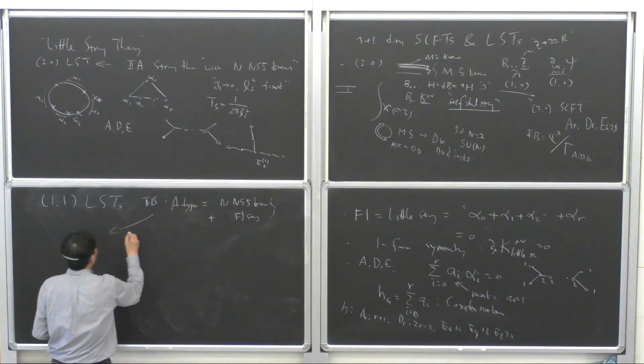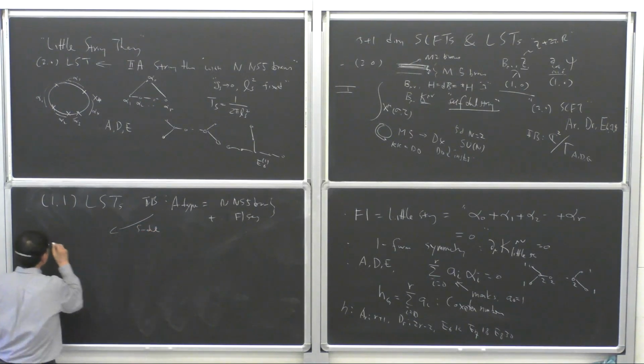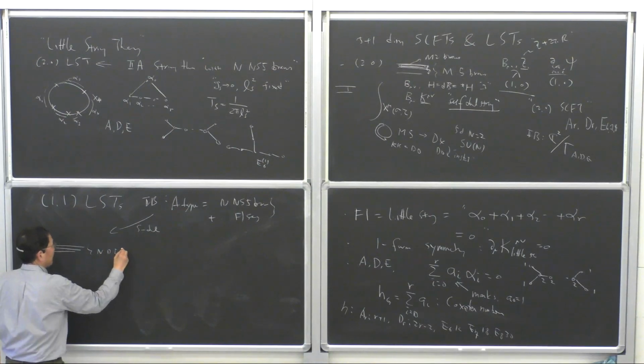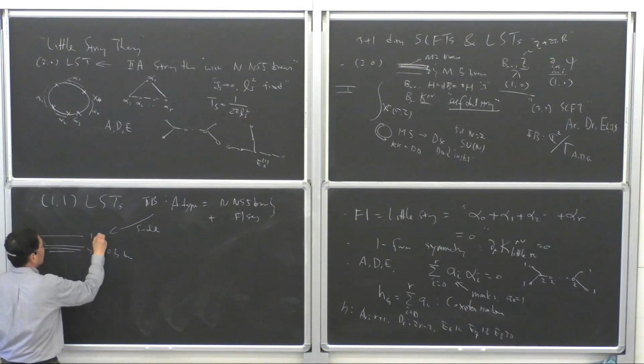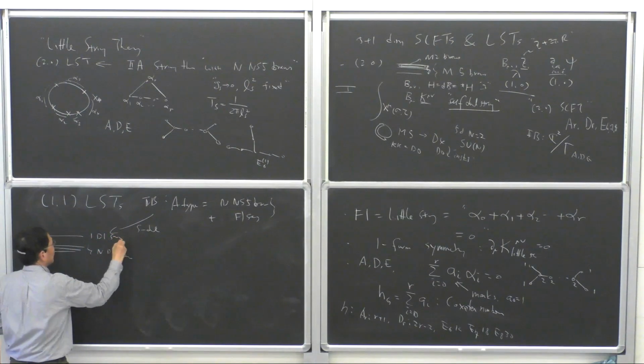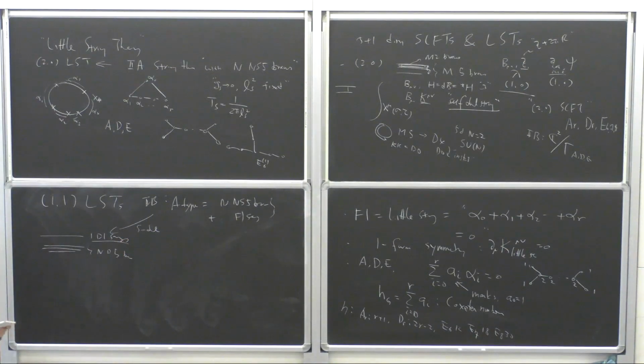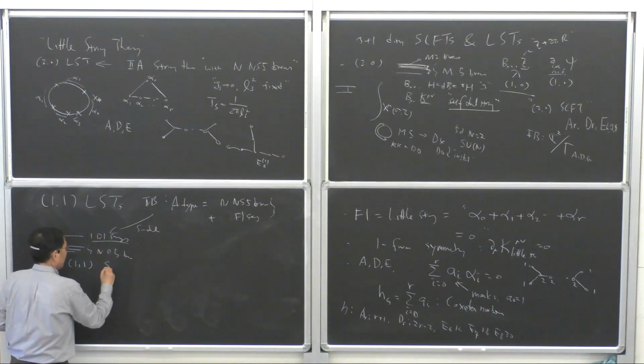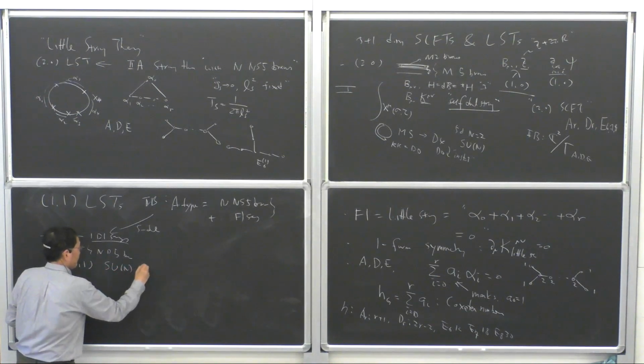And then it's n D5 branes, and then one D1 string. Okay. Now on n D5 branes, the 6D super Yang-Mills theory.